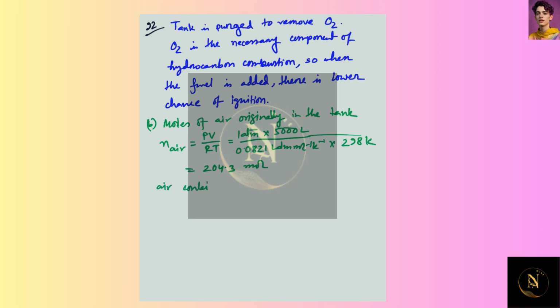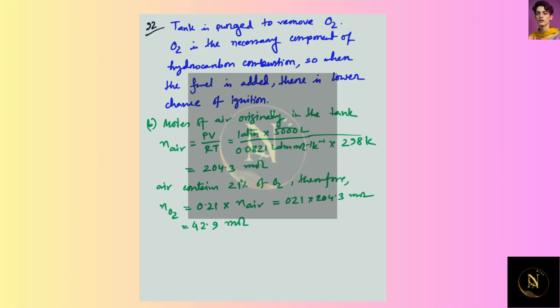We know air contains 21% of oxygen. Therefore, moles of oxygen is 0.21 multiplied by number of moles of air. Our number of moles of oxygen is 42.9 mole.